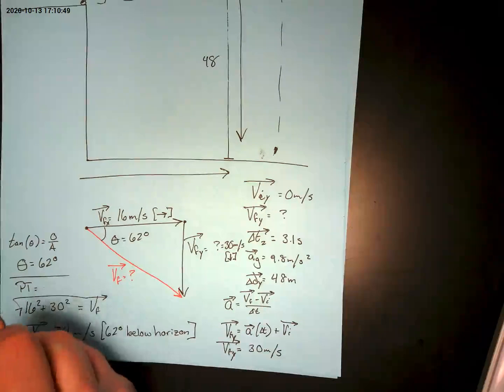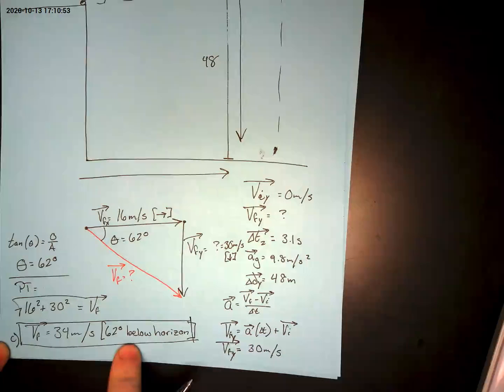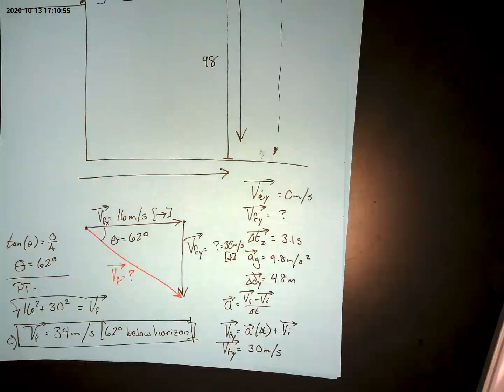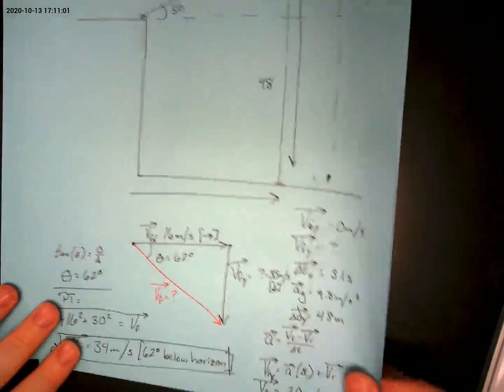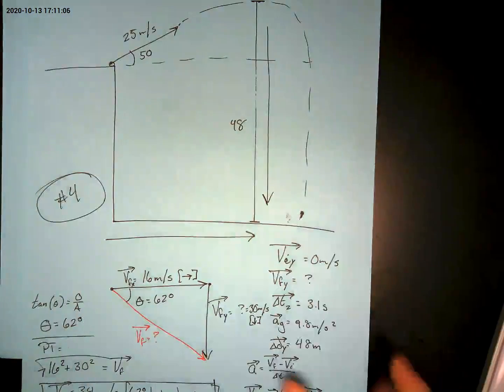And this is our final answer for C: 34 meters per second, 62 degrees below the horizon. So that is number 4, check your understanding, number 4.